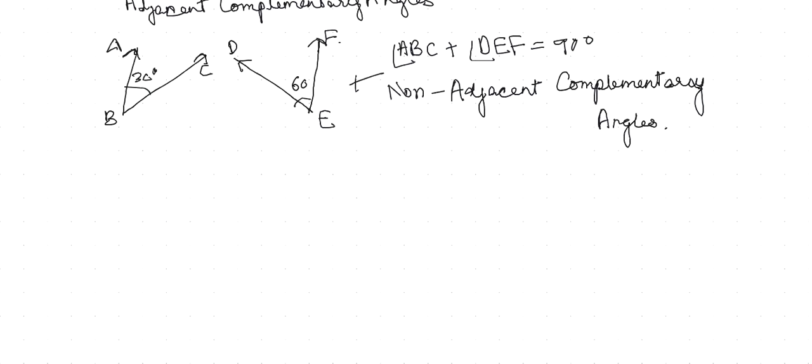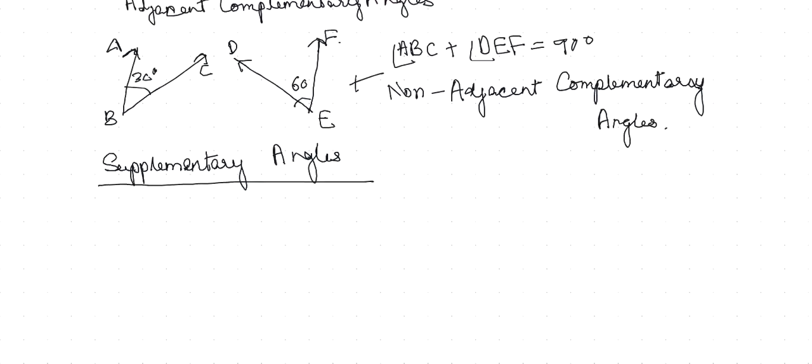And then the supplementary angles. Supplementary angles add up to 180. Like this, we see that this is a linear pair and each angle is supplementary.